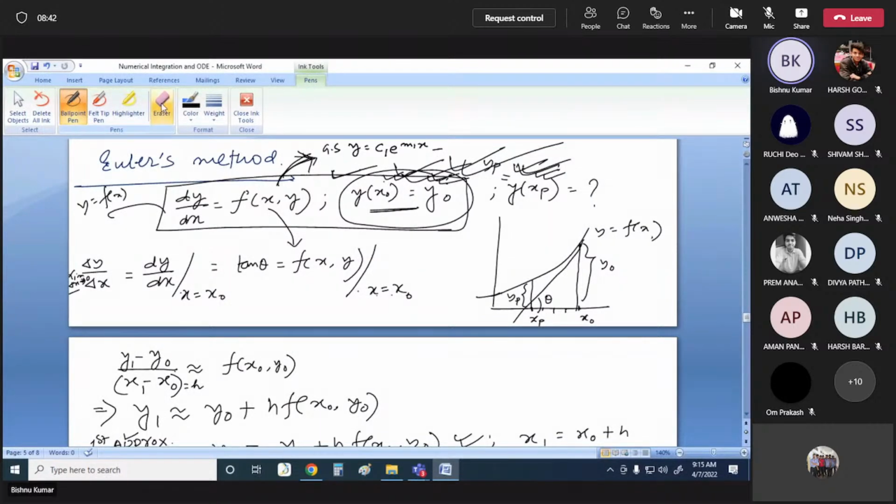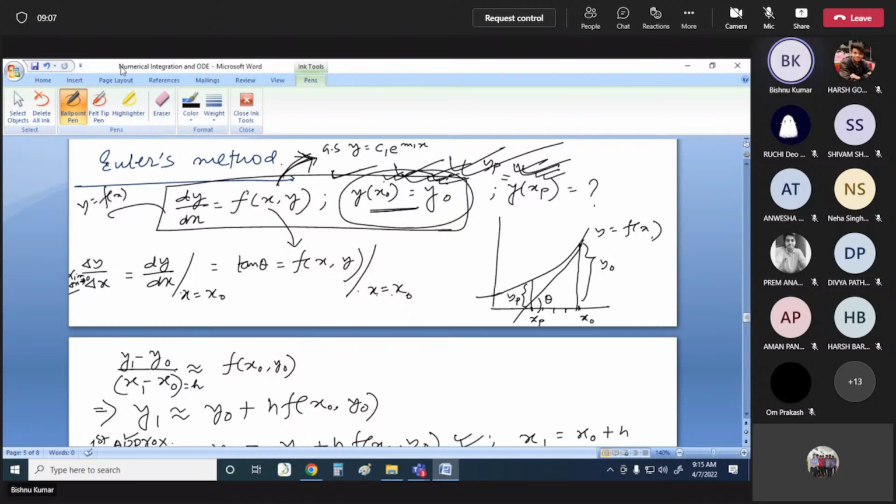In that way you have written the general solution for second order, third order or higher order: c1 e to the power m1x plus c2 e to the power m2x, like that, isn't it? So on the basis of the order of the differential equation, the same number of arbitrary constants will be contained in the general solution.